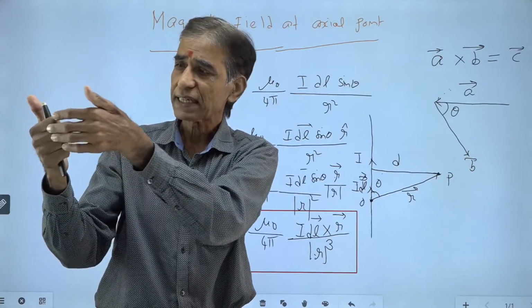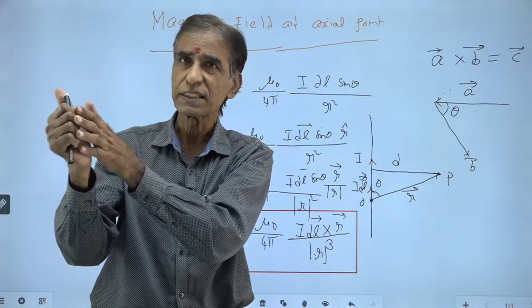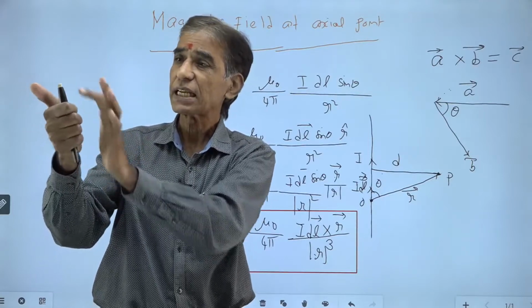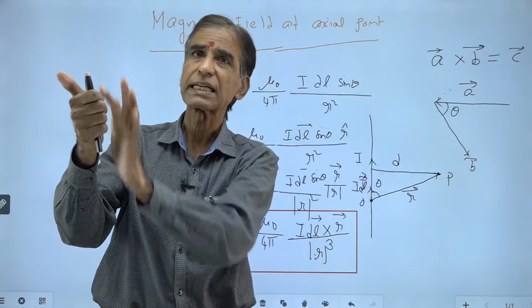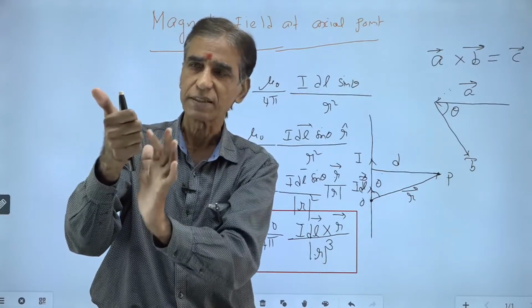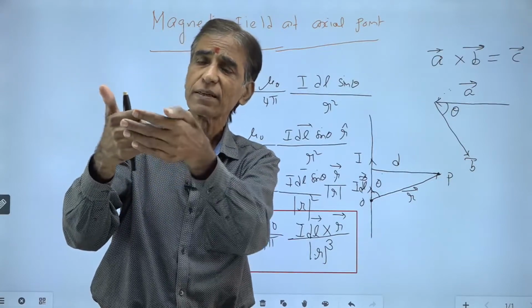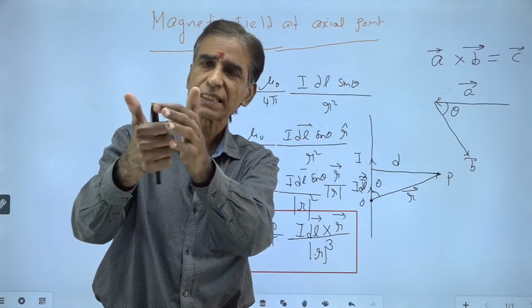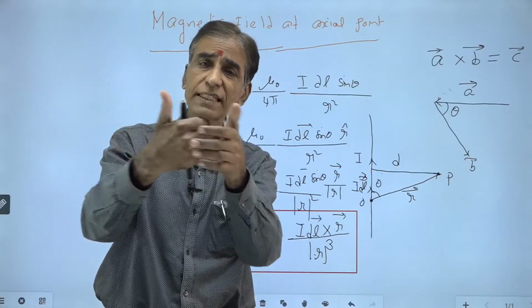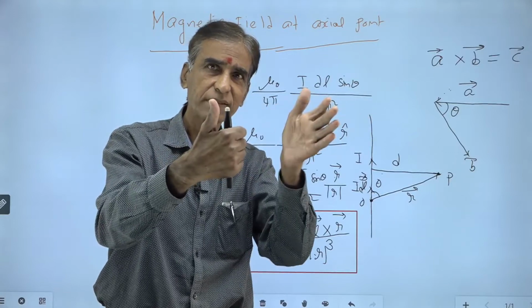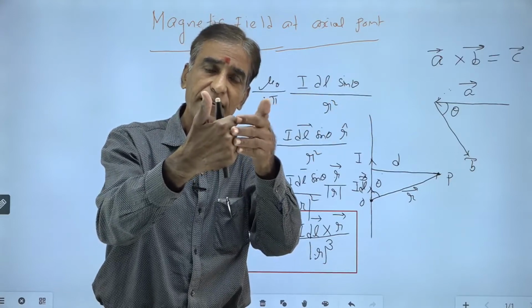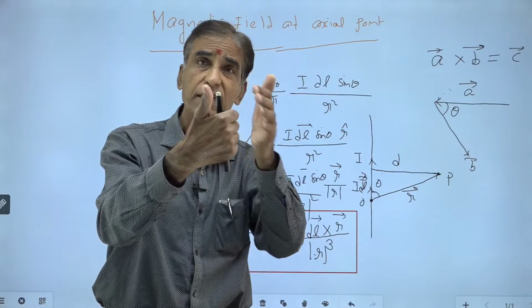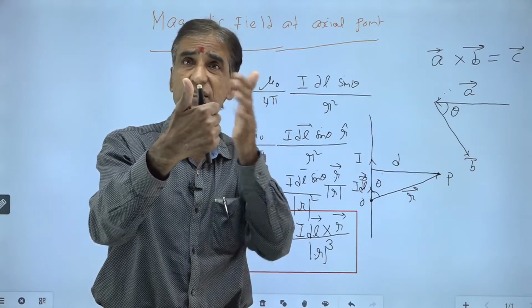If the fingers are coming, these are field lines, which are concentric to the conductor. So when you curl the fingers, see this situation. When I take this conductor, on this left side, what is happening? Fingers are coming out of the plane, means they are coming towards us.